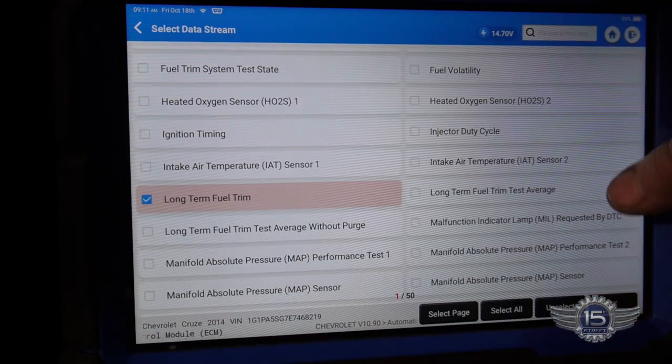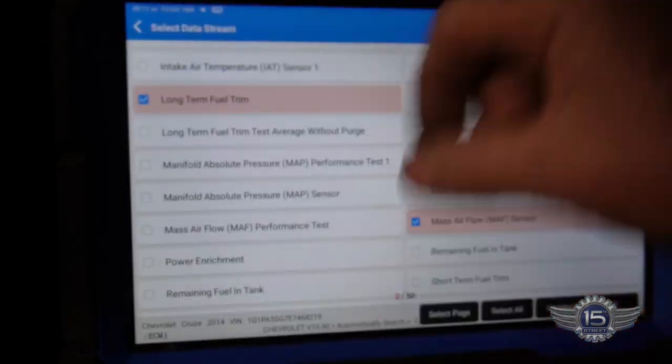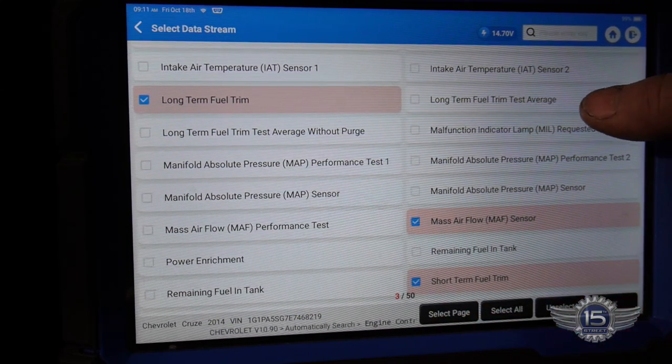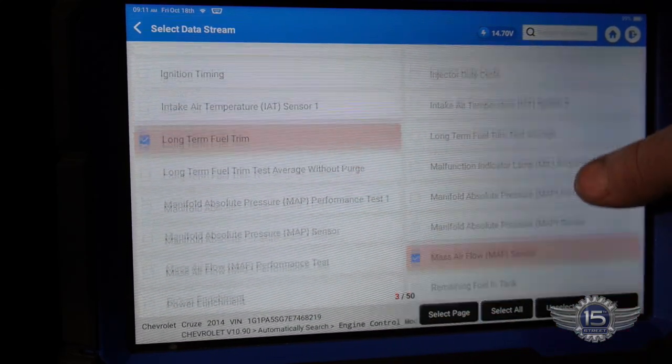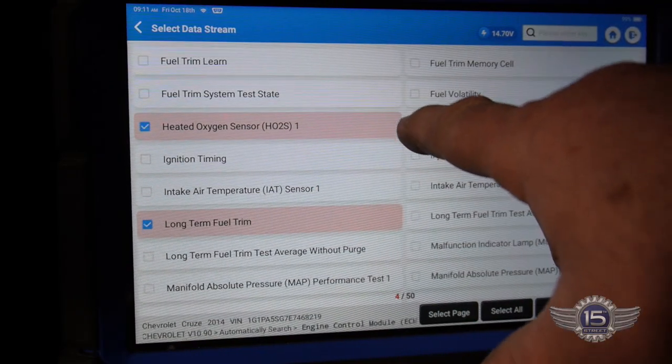So I go through and I'll pick the ones I want. I want to look at mass airflow, I want to look at long-term and short-term, and I'd like to look at my oxygen sensor 1 and 2.